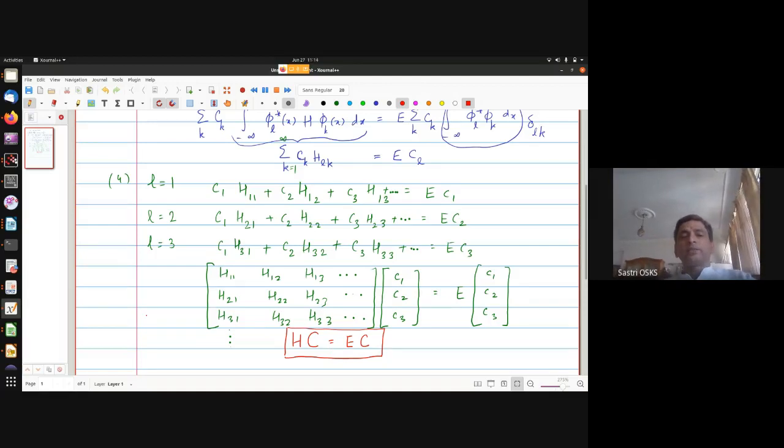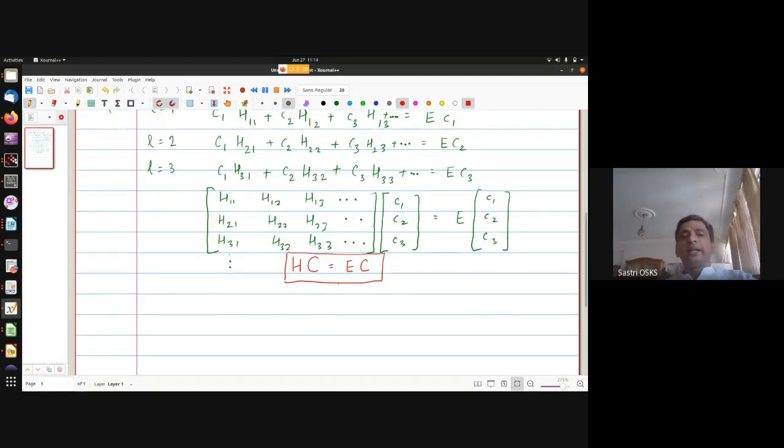Okay, one or two things one has to keep in mind. When you solve for the eigenvalues and eigenvectors of H, the eigenvalues of H will be E, and the eigenvectors of H are C. So these are the eigenvectors, and these are the eigenvalues.